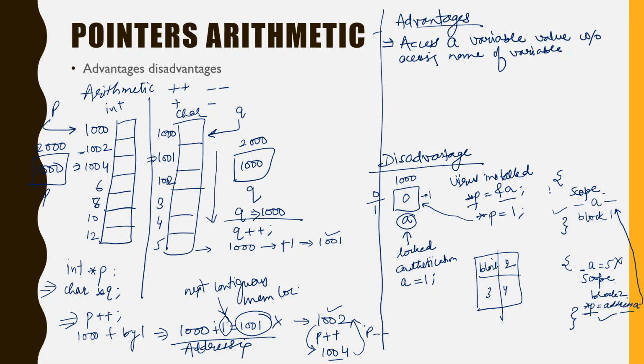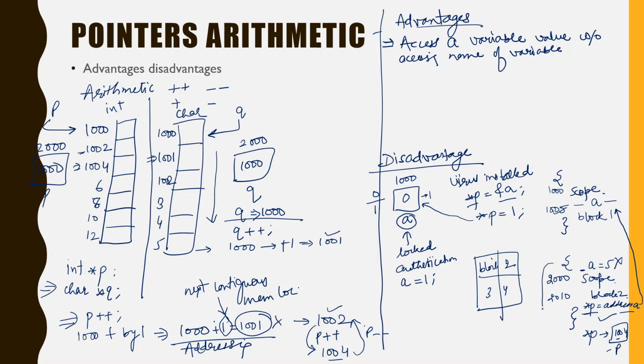This is doable, because this P is a variable of this particular scope, but the value in the form of address it has is from this block. So this block might have addresses from 1000 to 1005, and this block has addresses from 2000 to 2010, suppose. These are two independent blocks, but the pointer P can have the address of A and point to it.